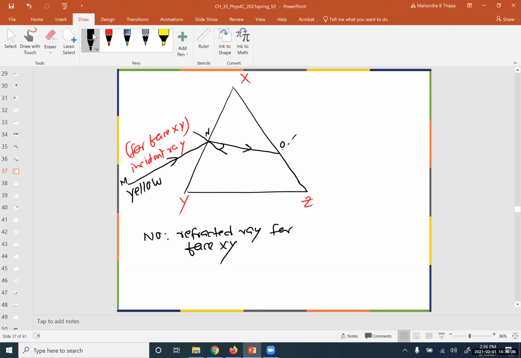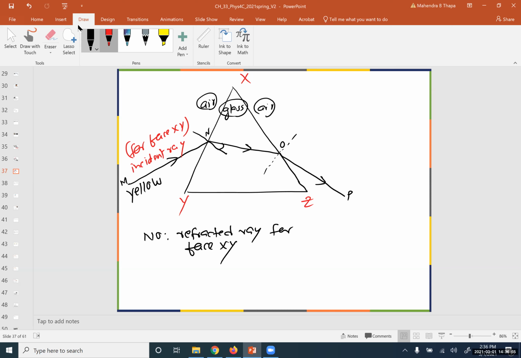At the same time, when the light emerges from glass to air, it again bends like this. So OP.